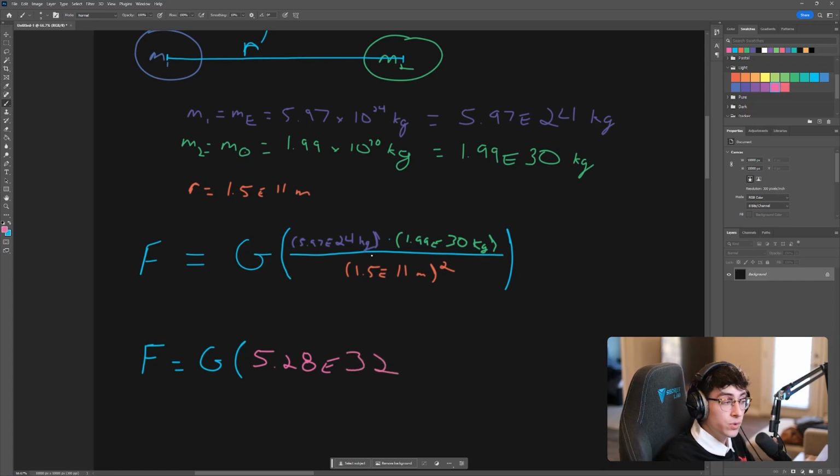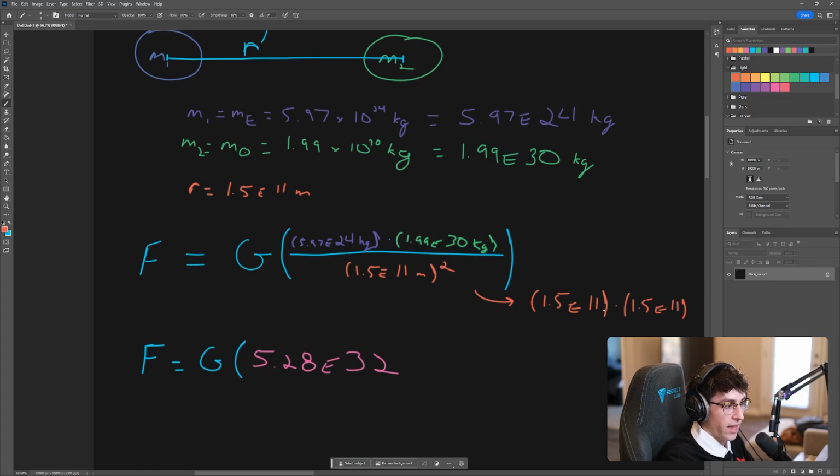And what are the units on this? It's going to be kilograms times kilograms over meters, but these meters got squared, because this is actually 1.5 times 10 to the 11th times 1.5 times 10 to the 11th.